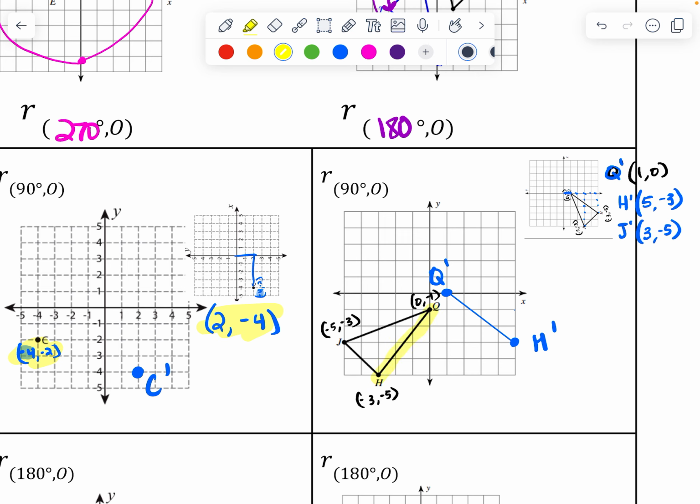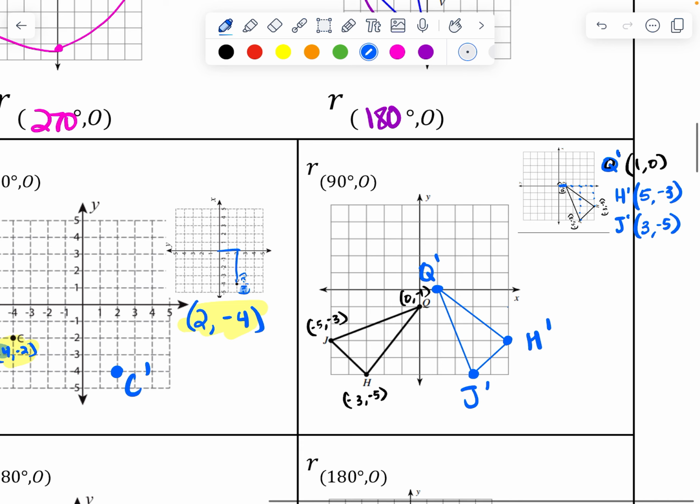This line rotated 90. That is logical right there. Looks like a 90-degree rotation. All right, and then let's keep going. J prime is at 3, -5. So that's right here. Keeps the same shape. Just rotated it 90 degrees.